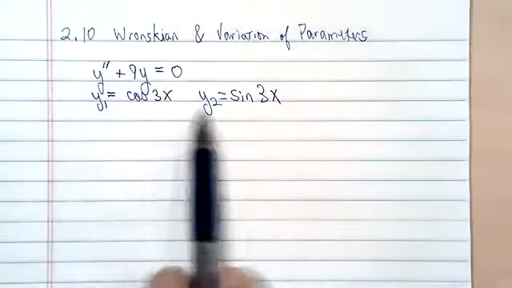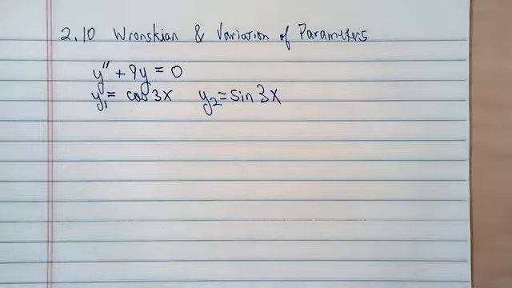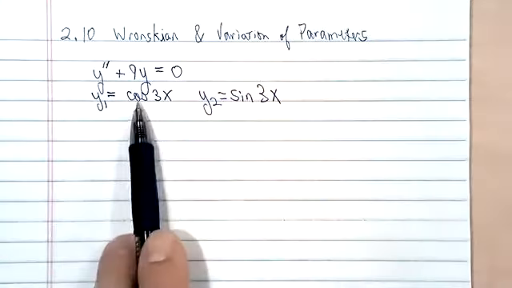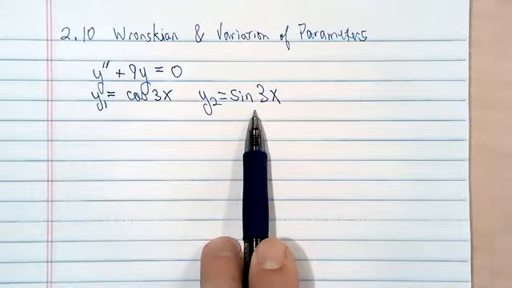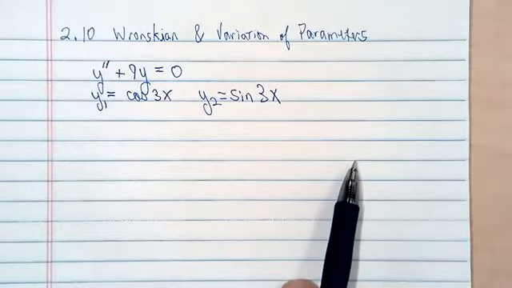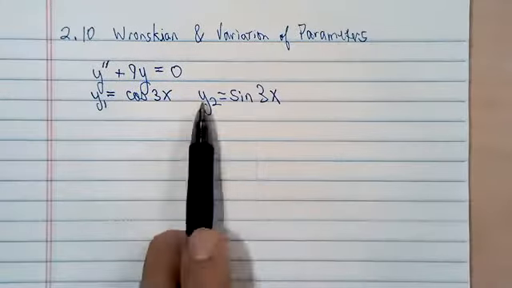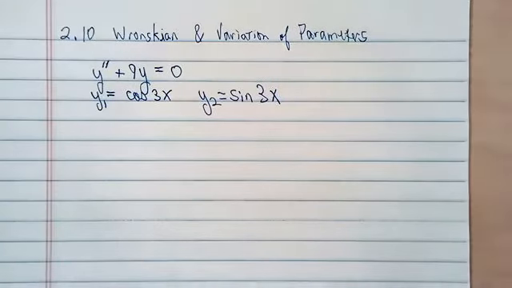And probably you would all believe me if I say these are linearly independent. You can't take a constant times this one plus a constant times this one, add it up and set it equal to 0, and hope to solve that in any way other than setting the two constants equal to 0.